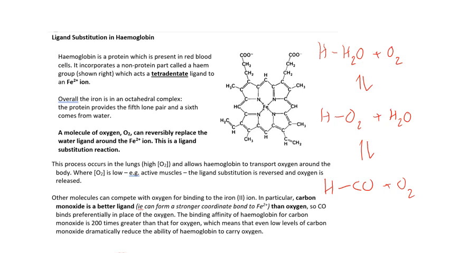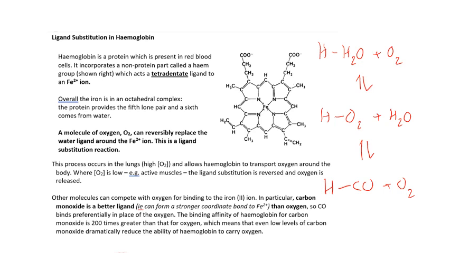So once the carbon monoxide's bound, it's very difficult to get rid of it and replace it with oxygen or water again. And so it basically takes the hemoglobin out of commission. It can't carry oxygen around anymore, and that's why it's so toxic, because it prevents you delivering oxygen to the tissues. So again, you need to know that carbon monoxide undergoes a ligand substitution, kicking out either oxygen or water, and basically then staying there, because it's very difficult to outcompete it.